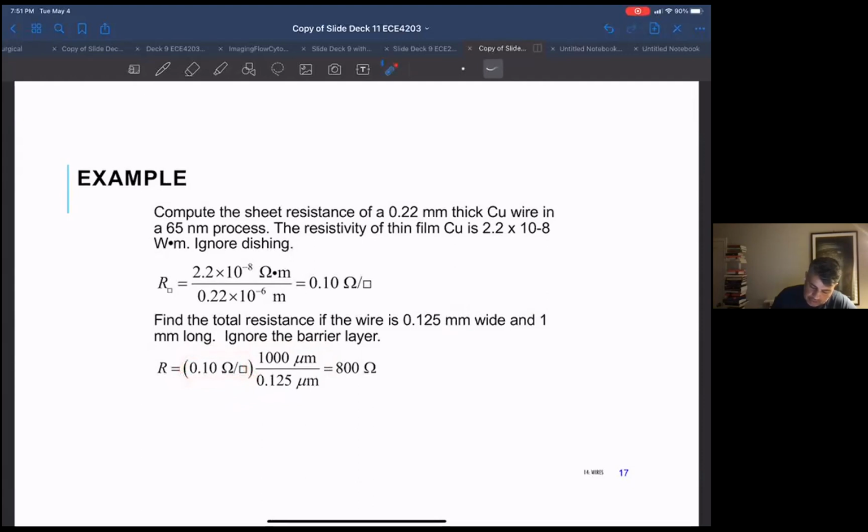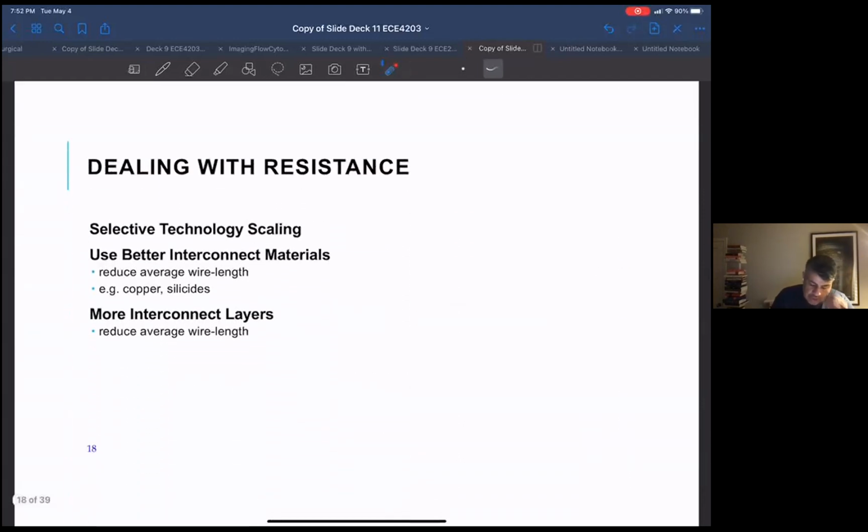It doesn't say what the metal line is, but it has a particular sheet resistance of 0.1 ohms per square, which is kind of typical. All you have to do is multiply length over width by this number, and you get the resistance. So it's just a small step.